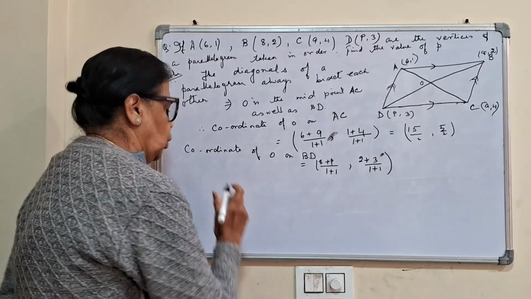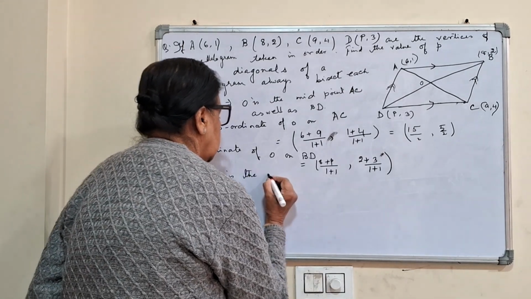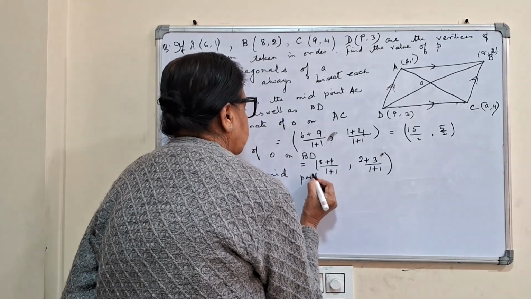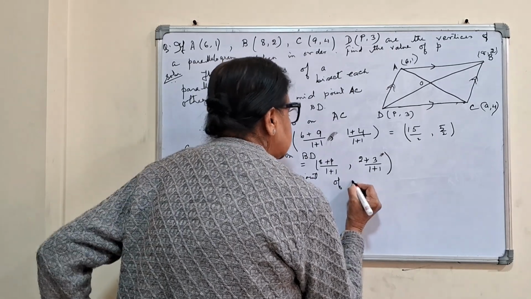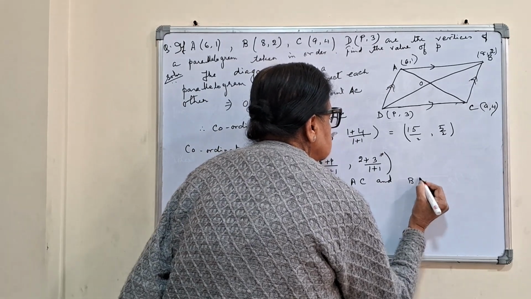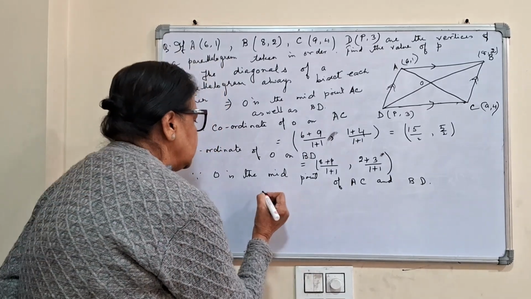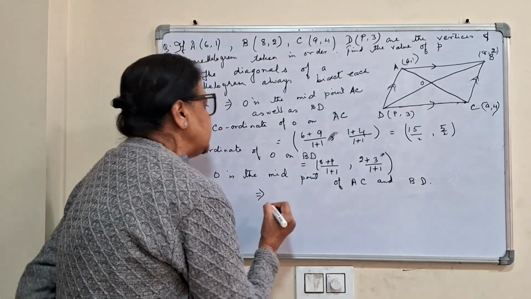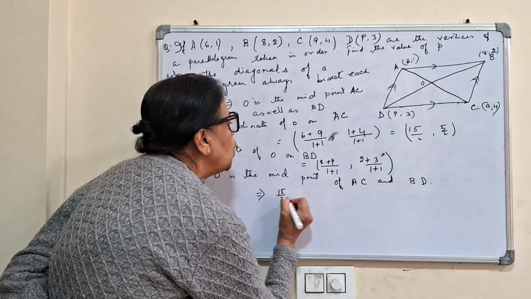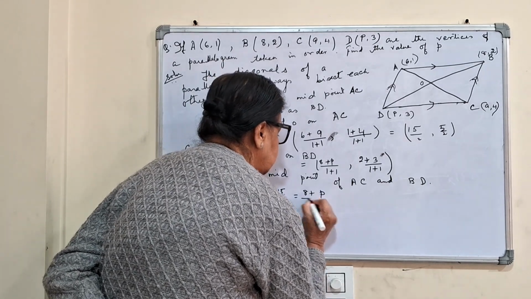Since O is the midpoint of AC and BD, it implies that it is the same point, implies that 15 by 2 is equal to (8 plus P) by 2.